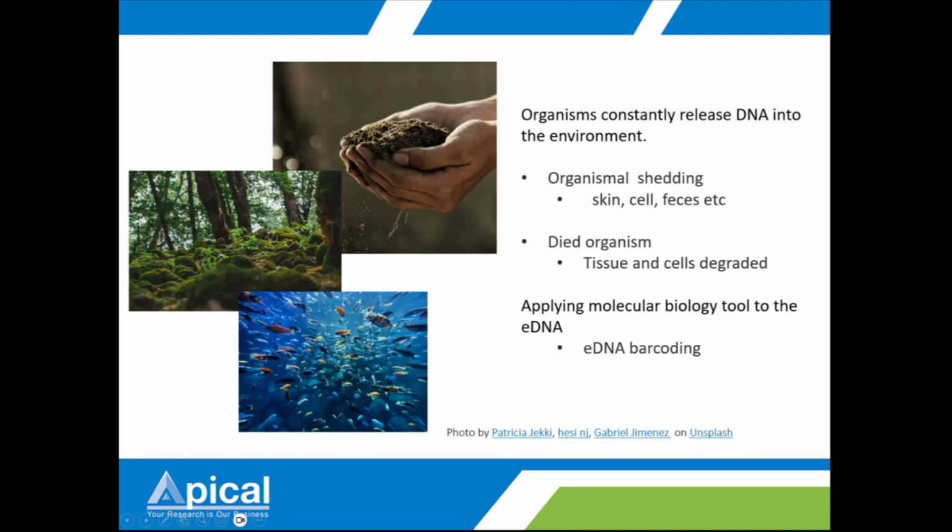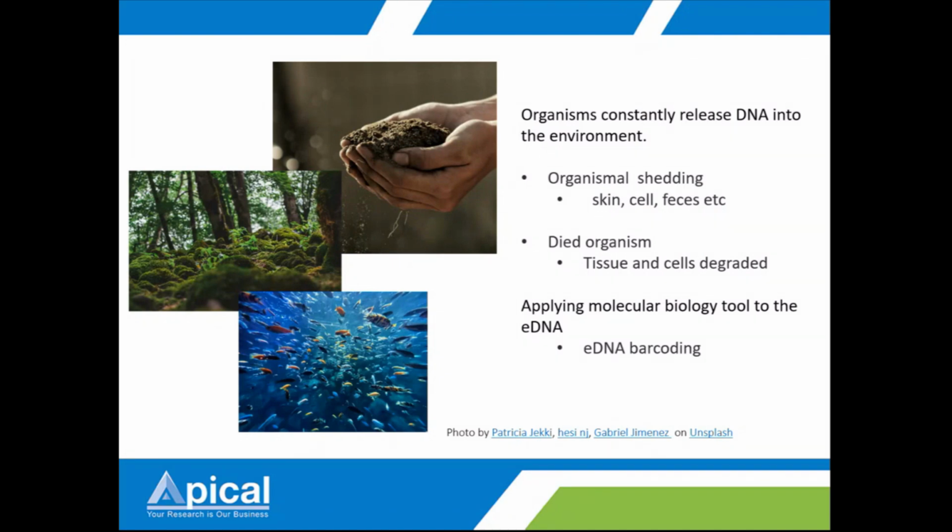In environments like soil, water, and air, there are organisms as small as bacteria or fungi, or as large as a whale in the ocean. These organisms play important roles in ensuring the balance within the ecosystem. These organisms constantly release DNA into the environment, for example through skin cells, because skin is always being replaced with new ones.